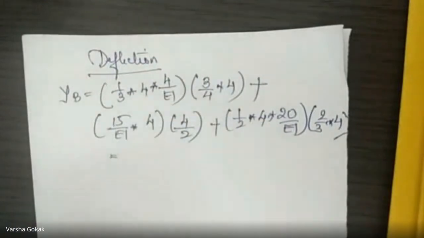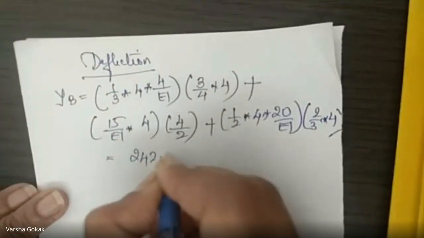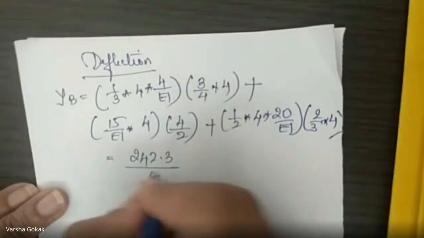Okay, get me this value. 242.66. 242.3 or 6 something. Yeah.